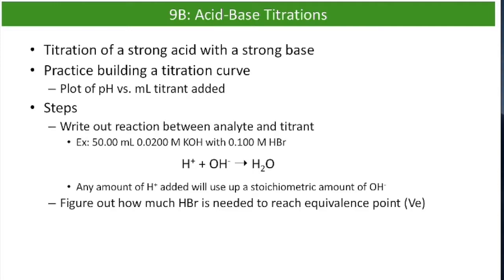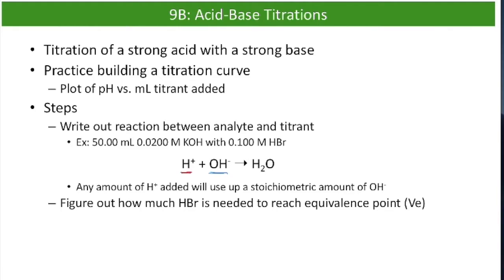So the first step in this process is to write out the reaction between the analyte and the titrant. For a strong acid, strong base titration curve, all we care about is the concentration of H+ and the concentration of OH-, and we know the reaction between a strong acid and a strong base results in the production of water. So if the base, the OH-, is our analyte, we're going to be adding H+.